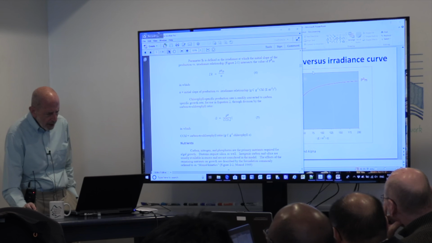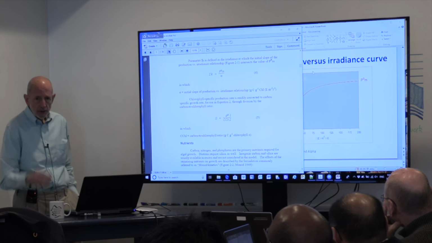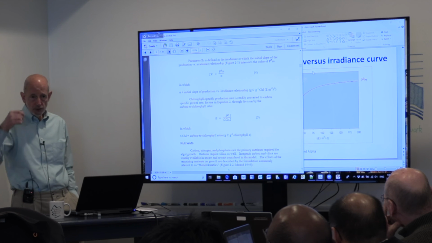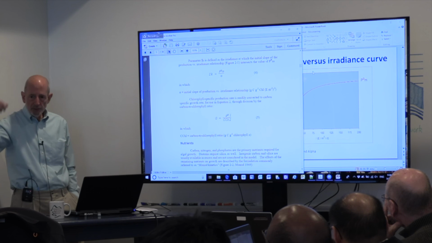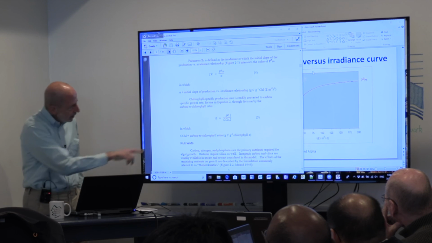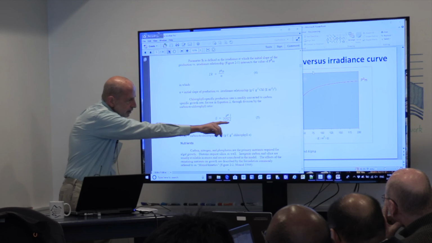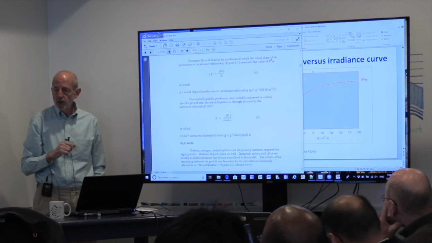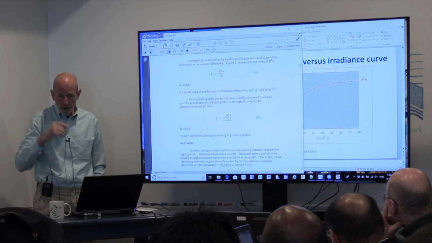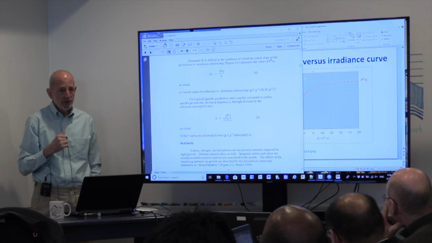So once you have the production rate, which is grams carbon per gram chlorophyll per day, you can convert that to a conventional growth rate if you know the algal carbon to chlorophyll ratio. Carbon to chlorophyll ratio is like 50 grams carbon per gram chlorophyll, something like that.